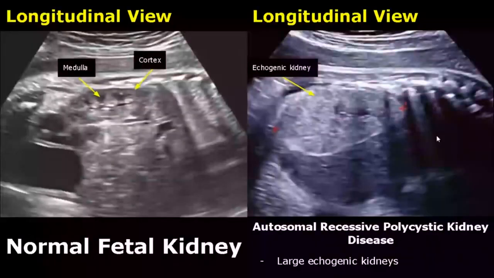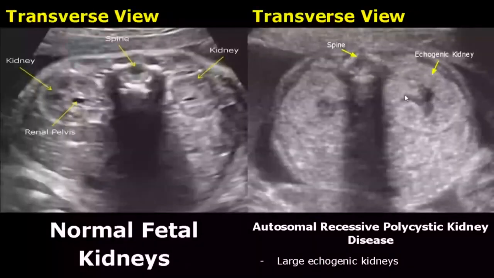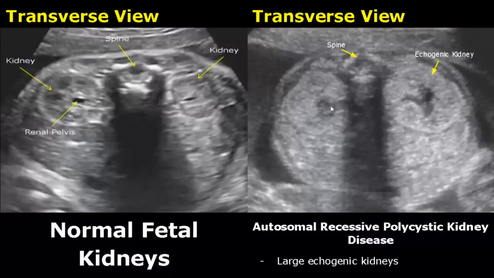In this image we have autosomal recessive polycystic kidney disease. We do not see the cysts on ultrasound because they are too small, but we do see large echogenic kidneys. In this image we have a transverse view showing enlarged echogenic kidneys bilaterally.